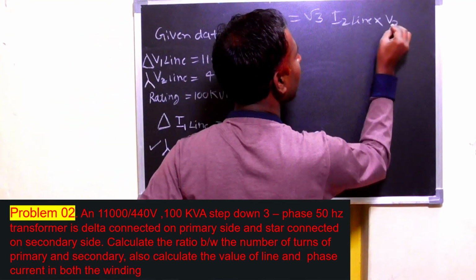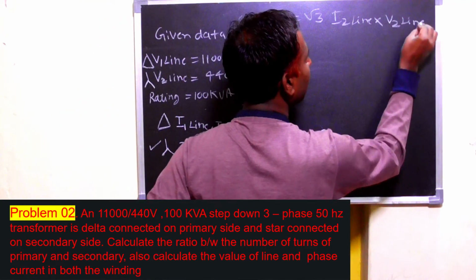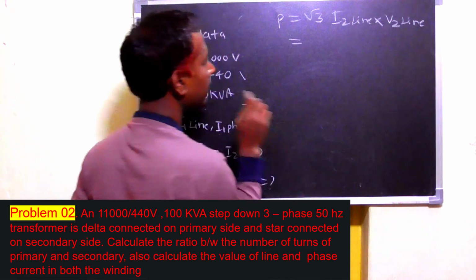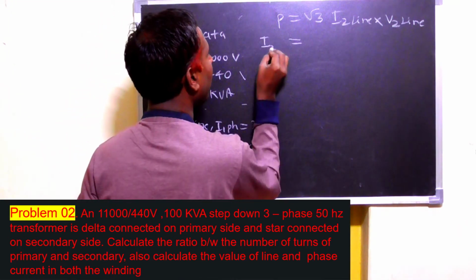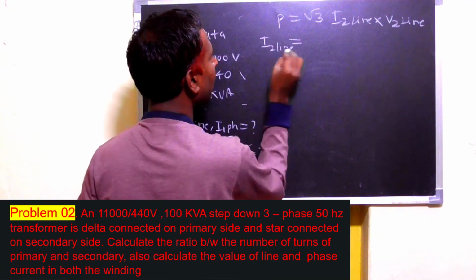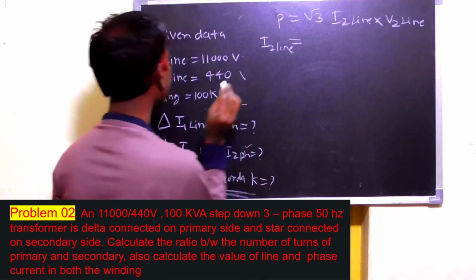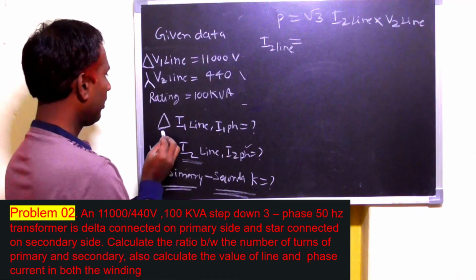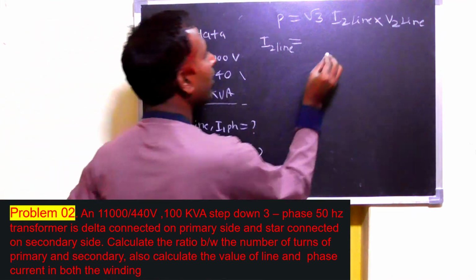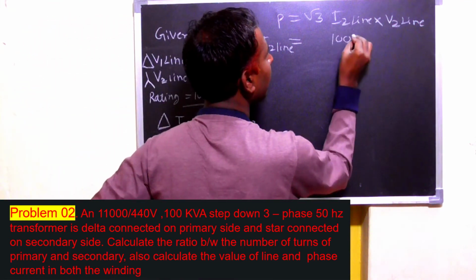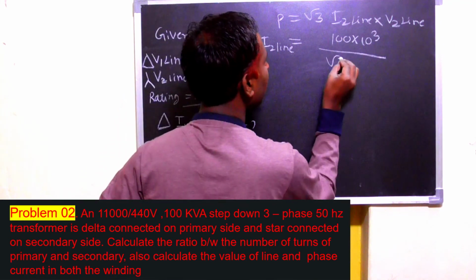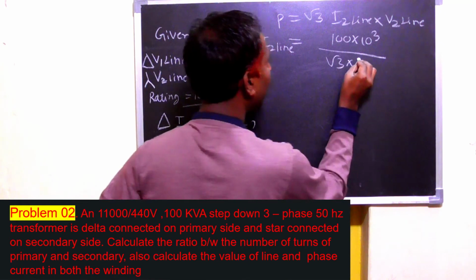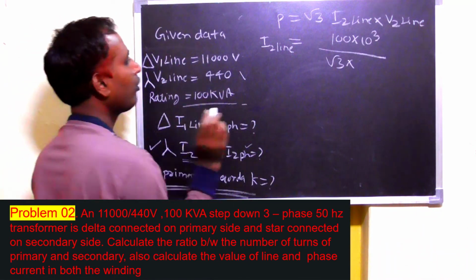So I2 line becomes P divided by root 3 into V2 line. P means 100 kVA, this is 100 into 10 raised to 3. This root 3 becomes root 3 into V2 line. V2 line is how much? 440.